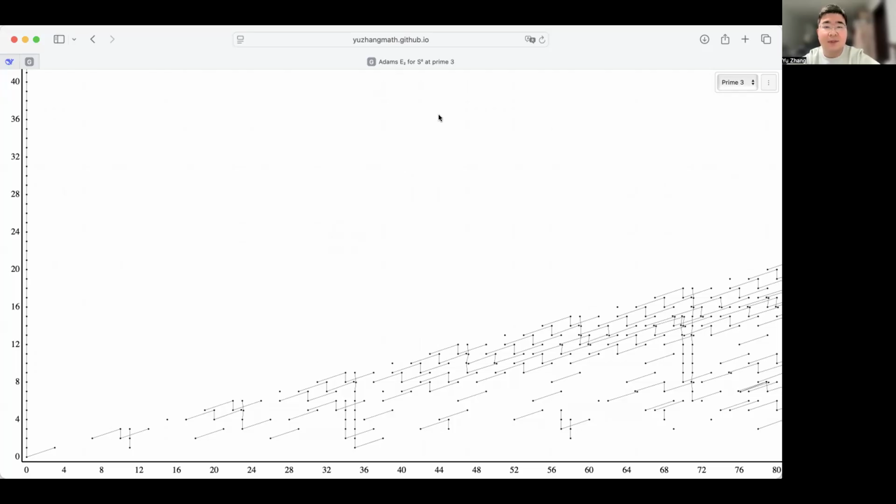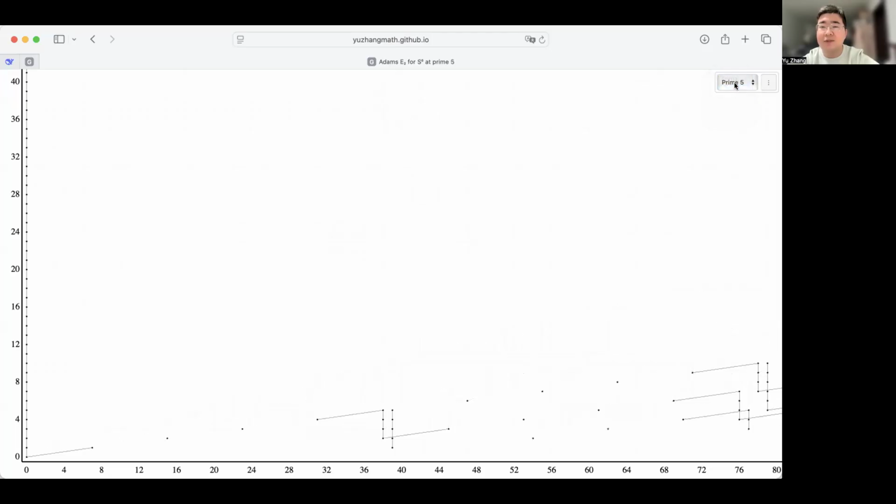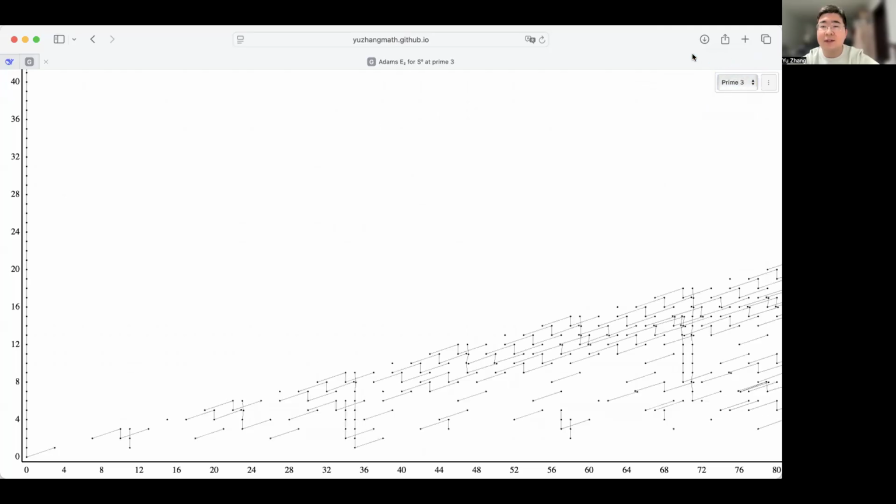Great. So here you can see this is a plot of the Adams E2 page for prime equal to 3. And here on the top right corner, you can click on this button to switch between primes 3, 5, 7, and 11. Or you can also just right-click on this page.